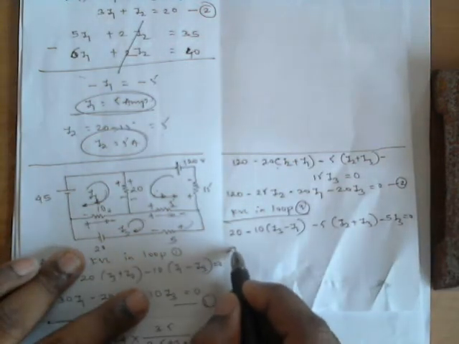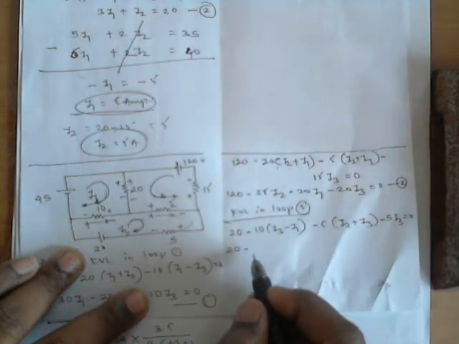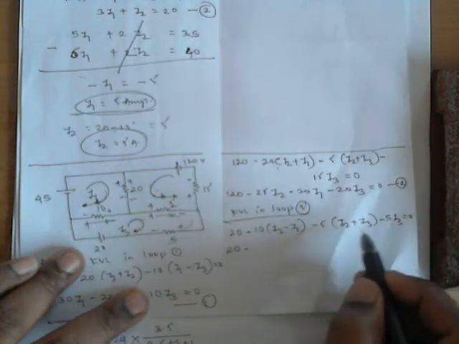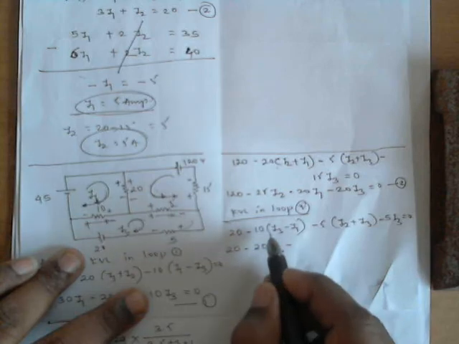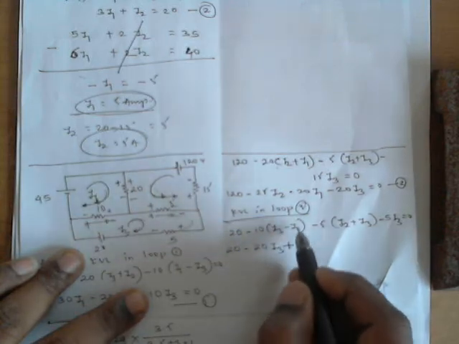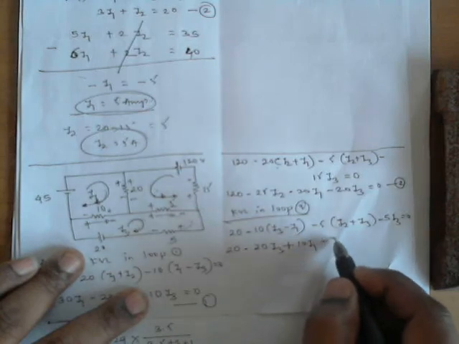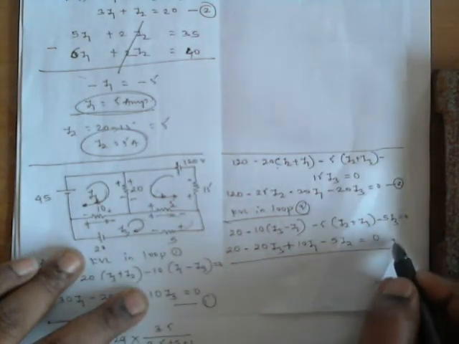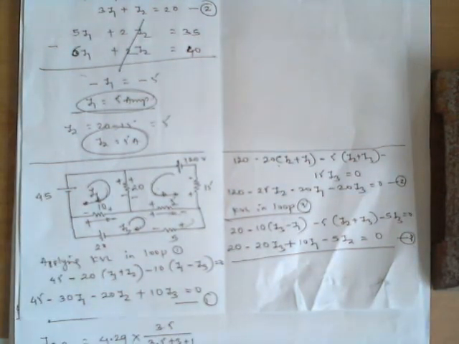So you can solve it further. 20 minus 10 I3, minus 5 I3, again minus 5 I3. So 10 plus 5 is 15, plus 5 is 20 I3, plus 10 I1 and minus 5 I2 equal to 0. This is the third equation.